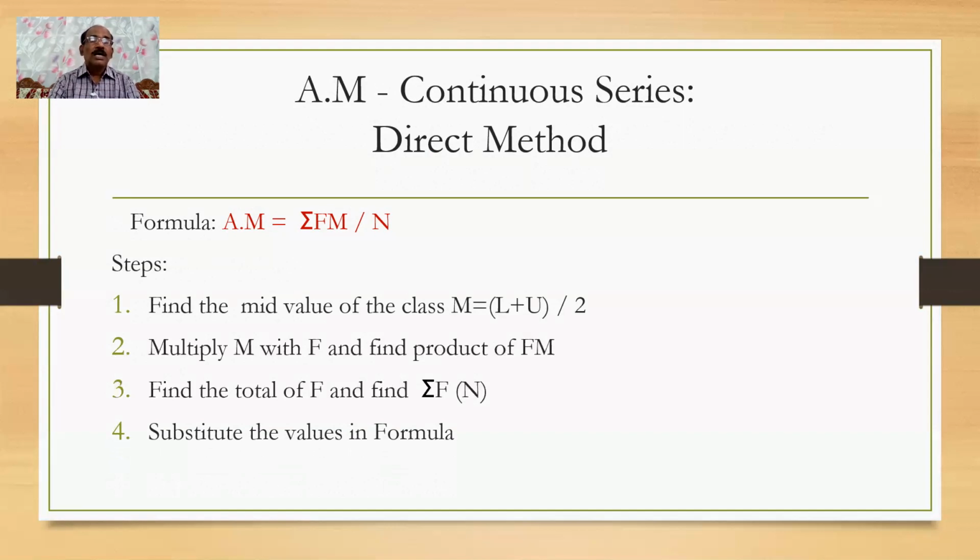What is the formula? Arithmetic mean is equal to sigma fm by n. Then we get the arithmetic mean. It is the arithmetic mean in continuous series in direct method. Arithmetic mean is equal to sigma fm by n.